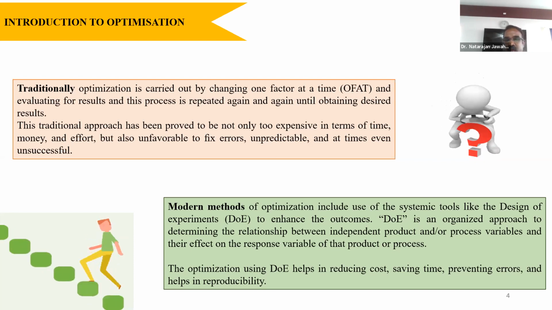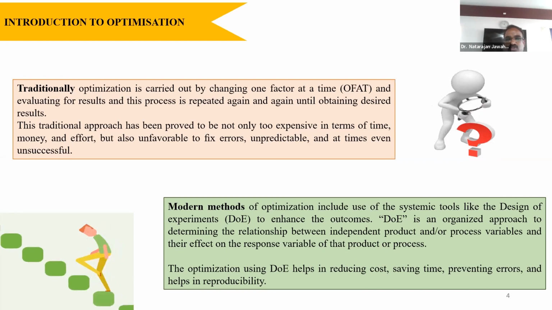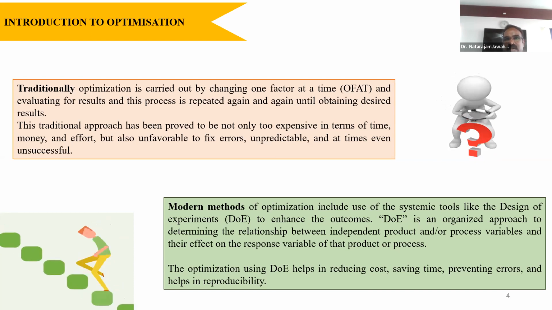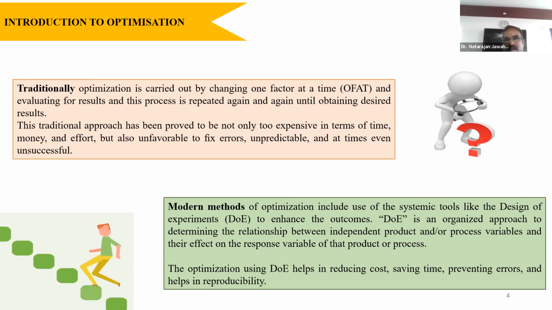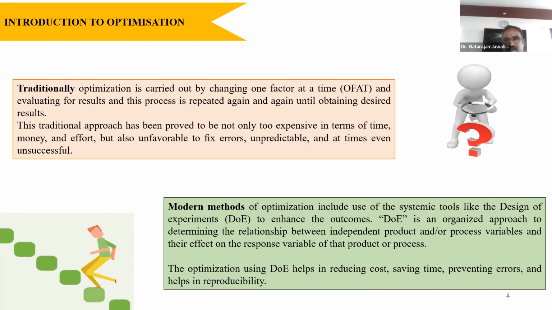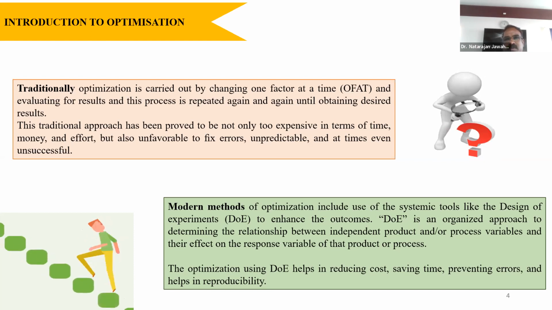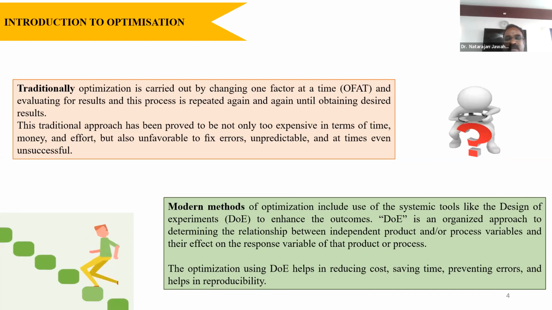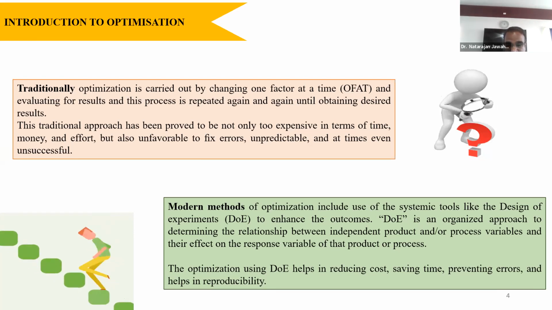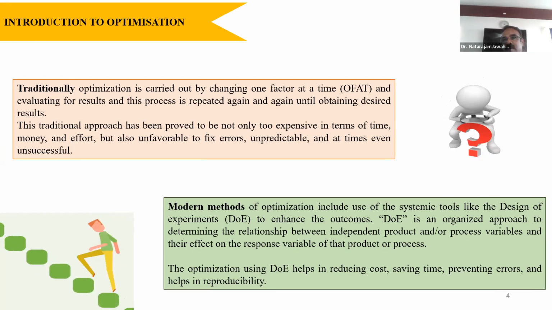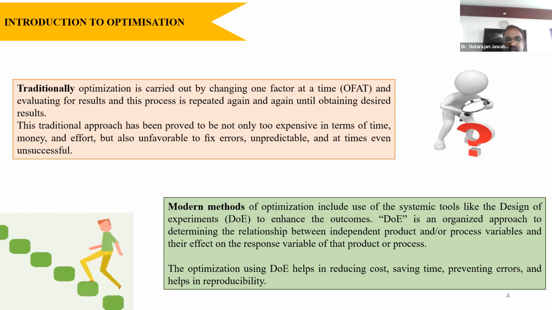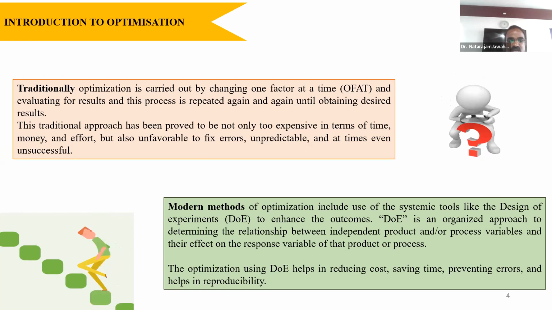It's an organized, systematic approach to understand the relations between the independent variables. I told you the tablet example. In that example, apart from the API, all the other ingredients and excipients we used are called independent variables. What is the effect on the dependent variable? Our dependent variable is dissolution, otherwise called the response. That we can easily understand by using this approach.